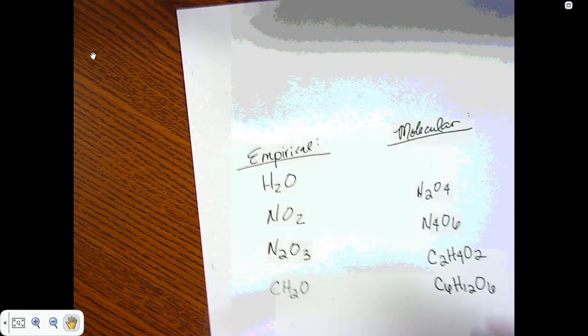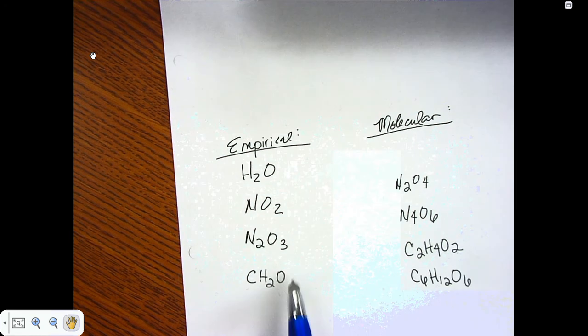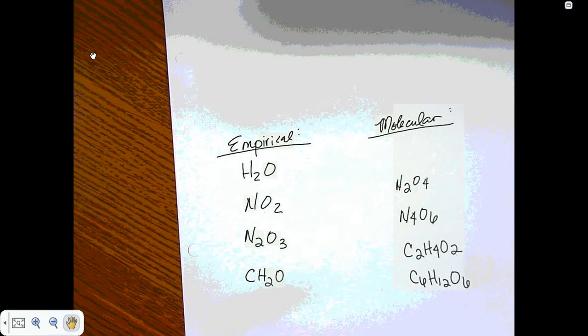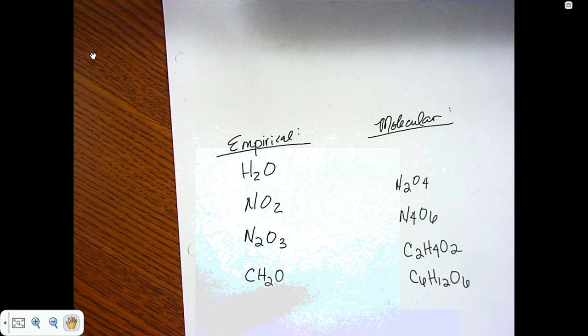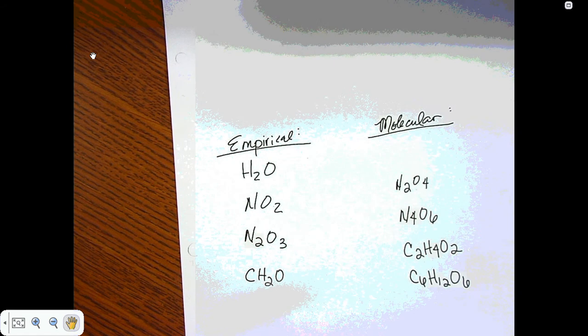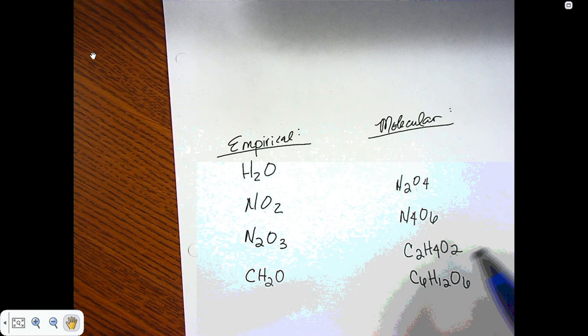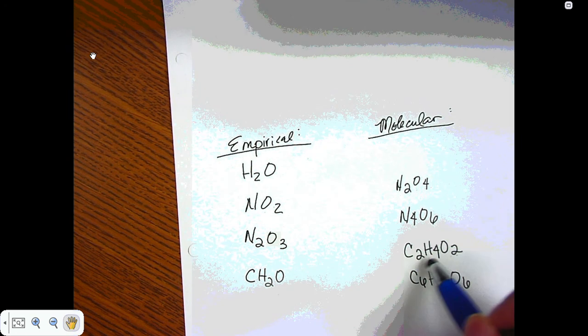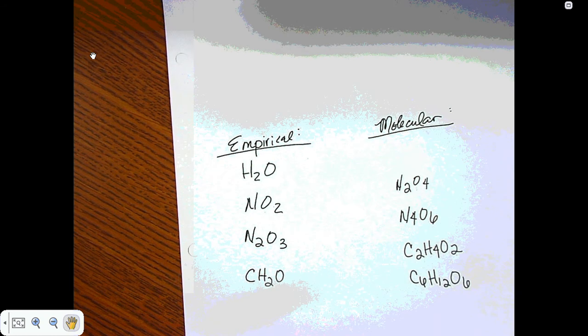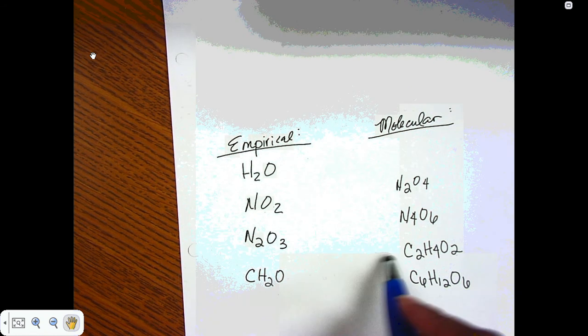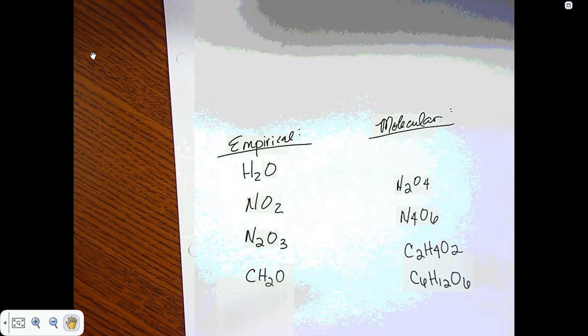And so let's look at this last one, because it's going to add a dimension to what we're going to be using empirical formula for, and that's to determine the difference between the molecular formulas of different compounds. Here you see the molecular formulas C2H4O2 and C6H12O6. Between the two of them, they both yield the same empirical formula.